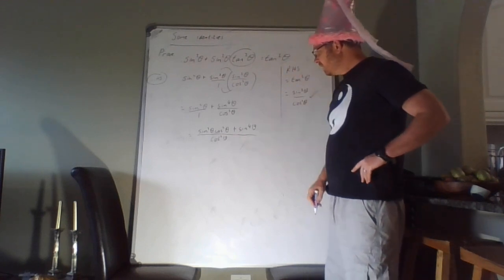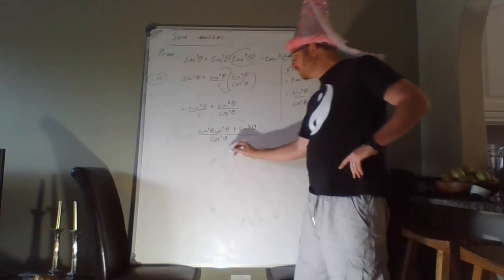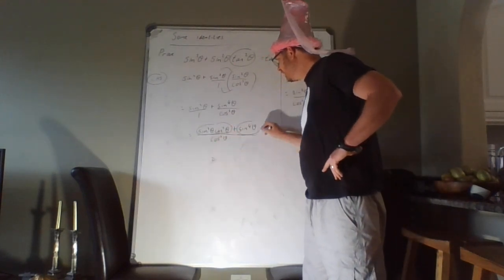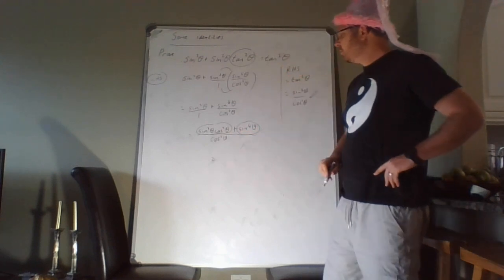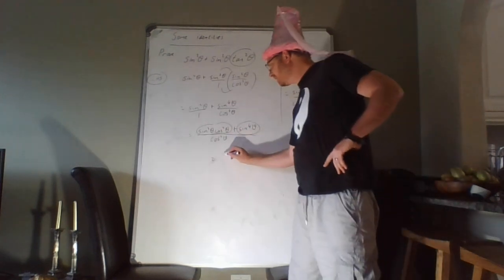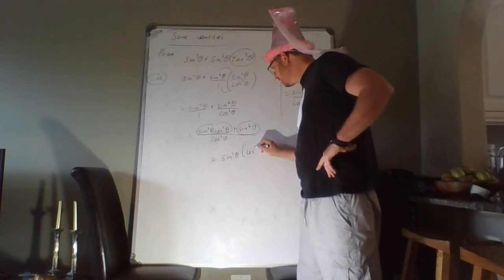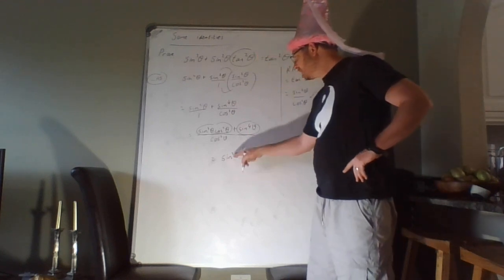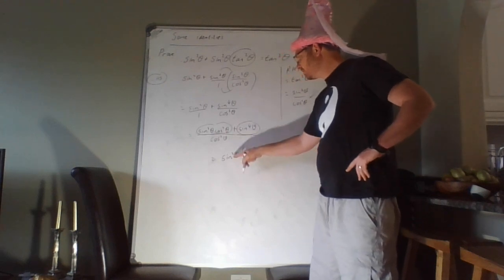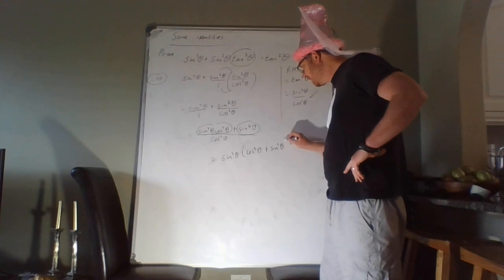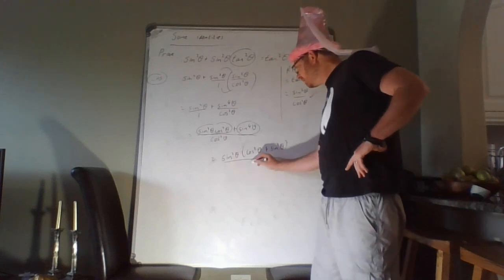Right, and now let's factorize the numerator in 2 terms. If you had x squared y squared plus x to the 4, you could take out x squared, so here I can take out sine squared theta, and I'll be left with cos squared theta, what I have to times by to get back to there, plus sine squared theta. Hallelujah, you should be saying now.